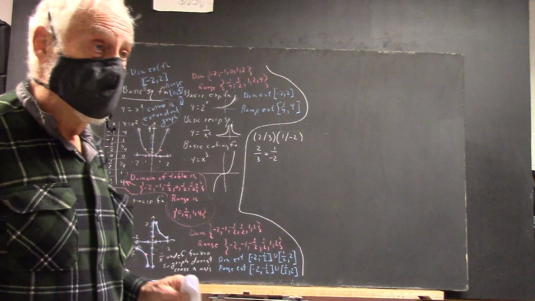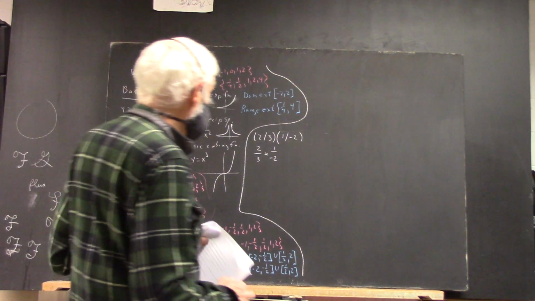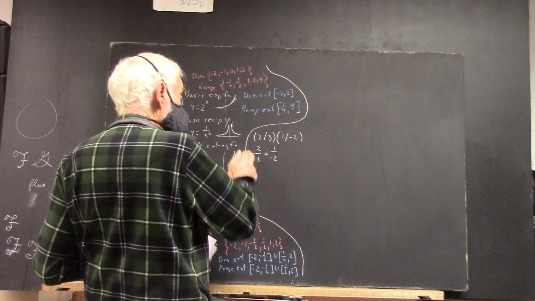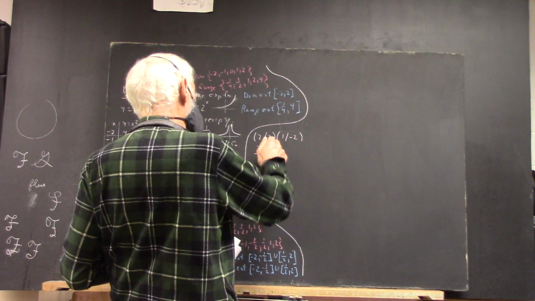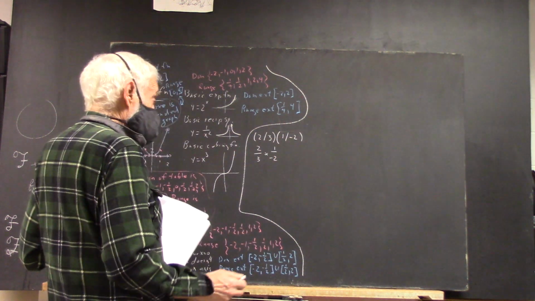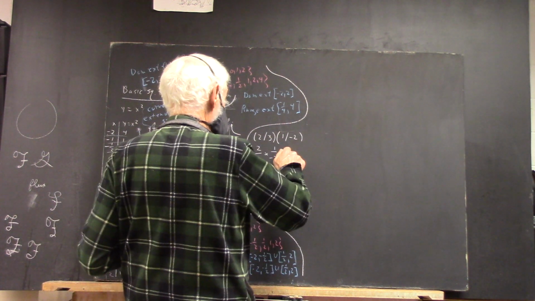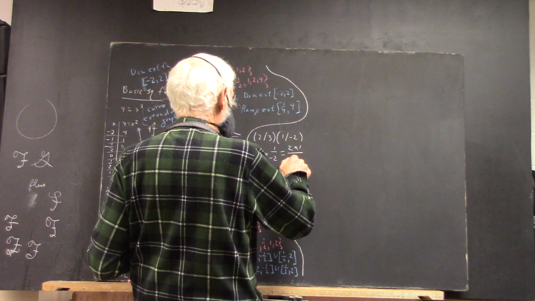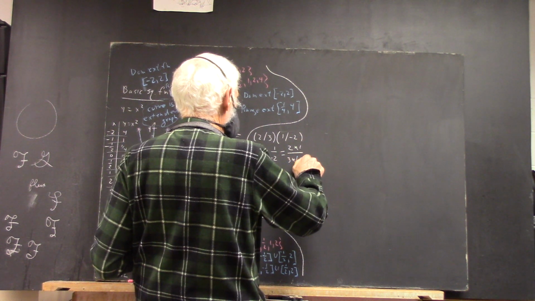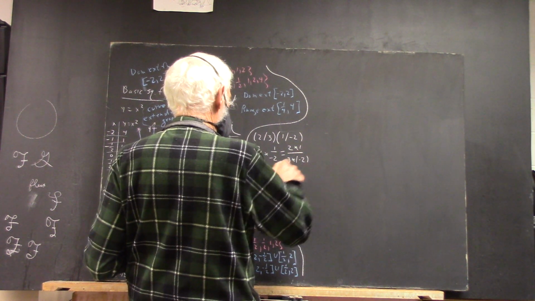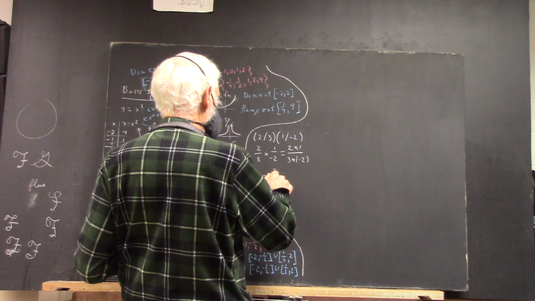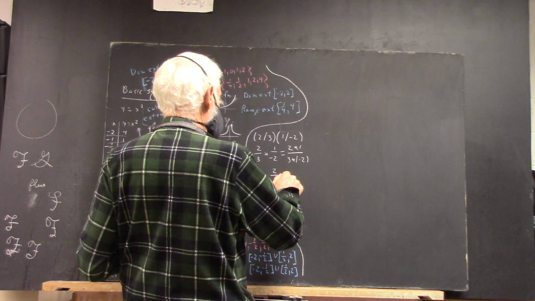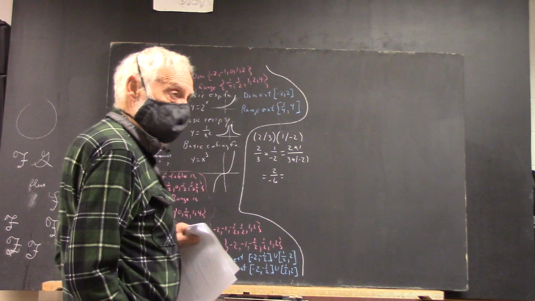By order of operations, 2 divided by 3 means 2/3, 1 divided by negative 2 means 1 over negative 2. Your rule for multiplying fractions is you multiply the numerators, that's 2 over negative 6, right?